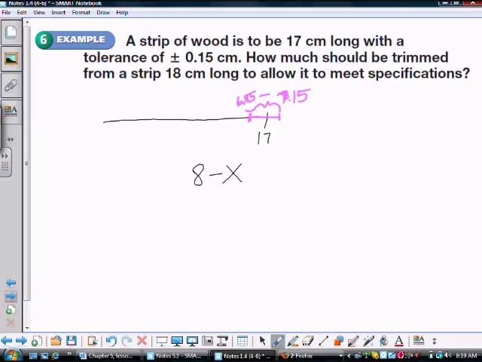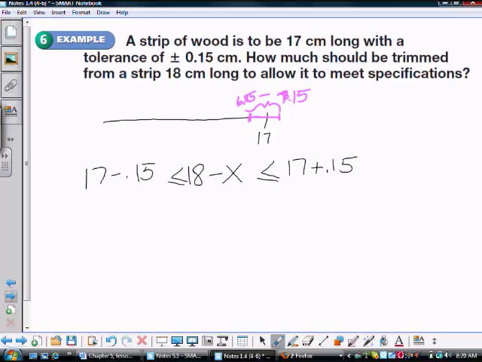And the length has to be between 17 plus the 0.15 and 17 minus the 0.15. And I think it could go all the way. Yes, sir. Oh, thank you.